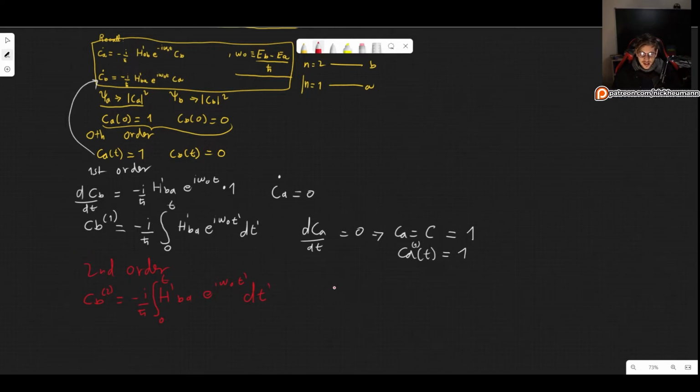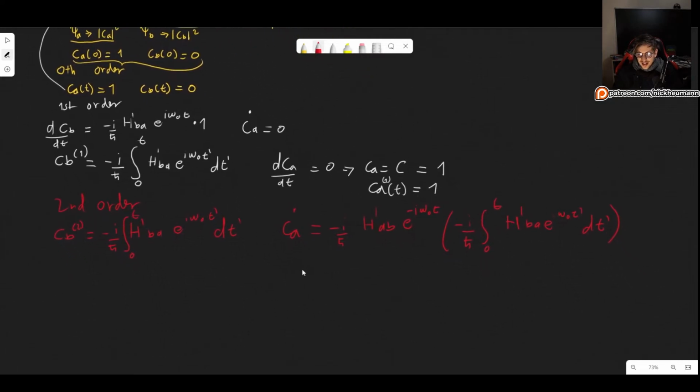Now, what happens with A? Well, CA dot is minus i over h bar, H prime AB, e to the minus i omega 0 t times CB, but CB is that thing right there. So CB is minus i over h bar integral from 0 to t of H prime BA e to the i omega 0 t prime dt prime.